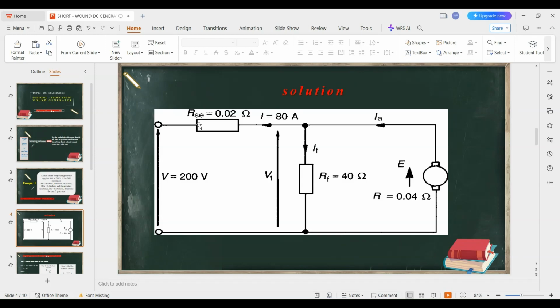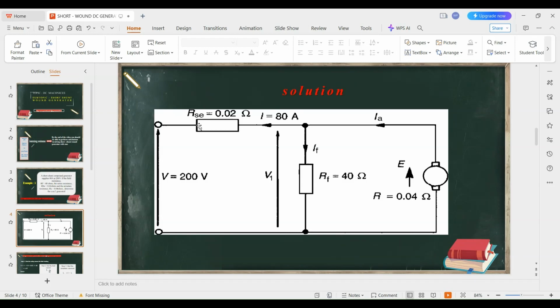Remember, in my class, you have to do assignments to enable you to be familiar with the concept and calculate without any problem. Remember, practice makes perfect. Exercise number one, or assignment number one. It says a short shunt compound generator supplies 100 amperes at 450 volts.